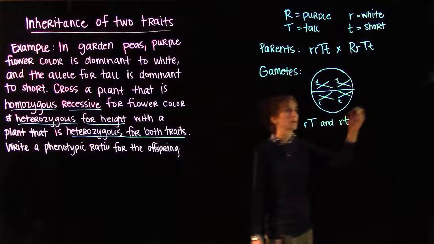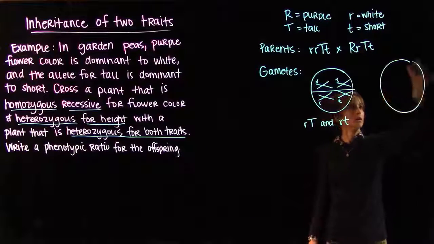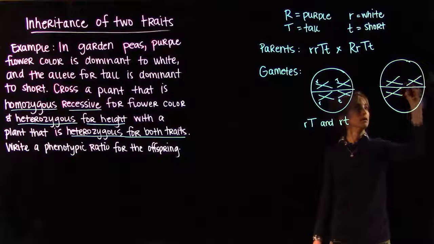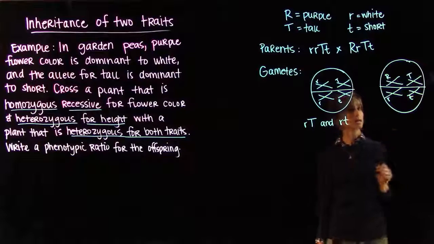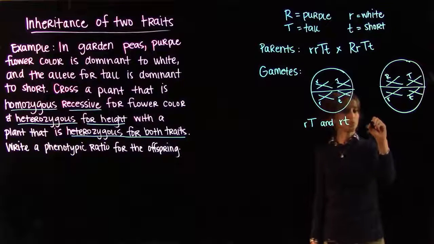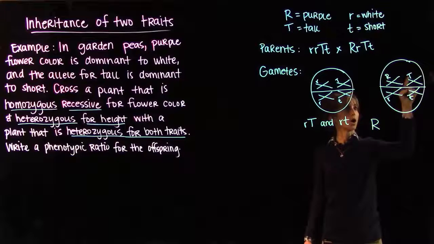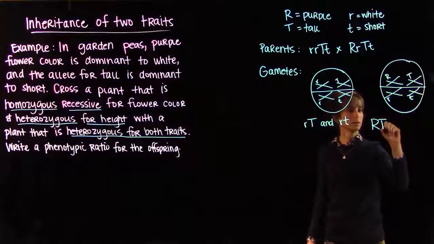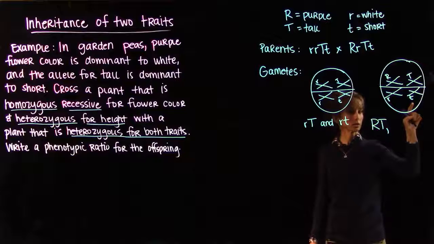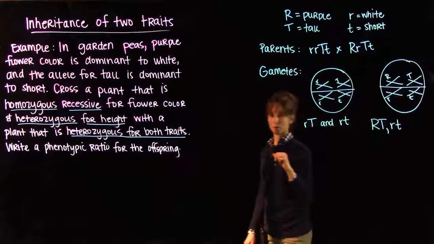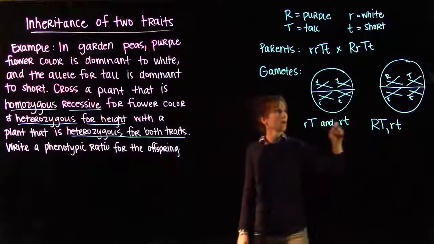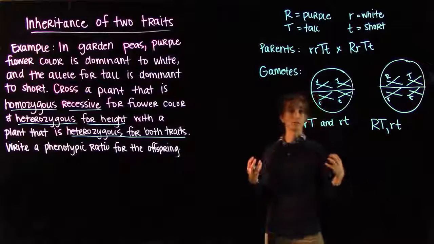For the other parent, we have a big R and a little r, a big T and a little t. So one combination is big R with a big T. Another combination is little r with little t. But remember that in meiosis, the way that the chromosomes are pulled is random.